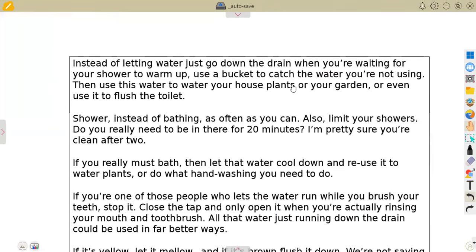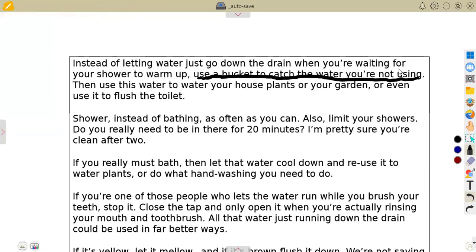We can see that we are saying here, we use a bucket to catch water when you are not using it. I don't know if we can see that, but let us try to see where we can get these answers. We can get them here.